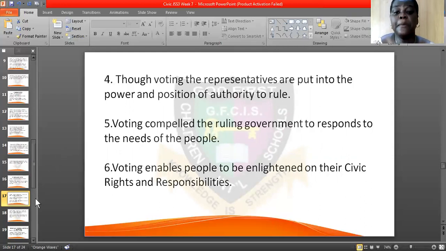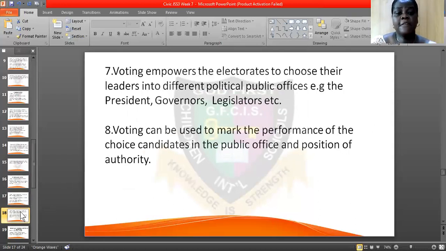And voting enlightens people on their civic rights and responsibilities. When people are enlightened, they know their rights and responsibilities. Voting as well empowers the electorate to choose their leaders into different political offices. And when this is done, we have our elected officials in power.